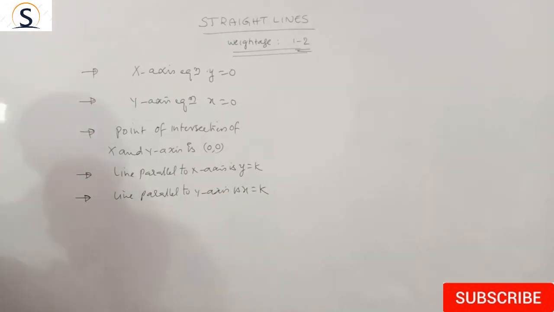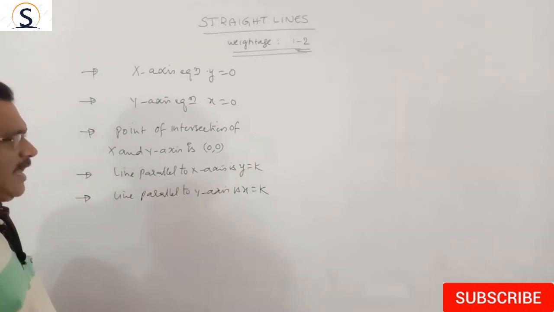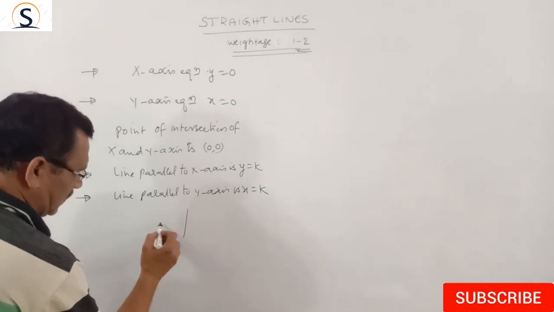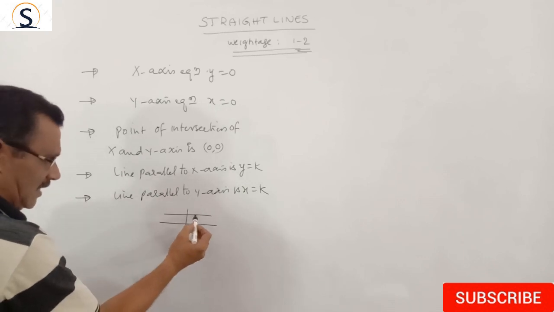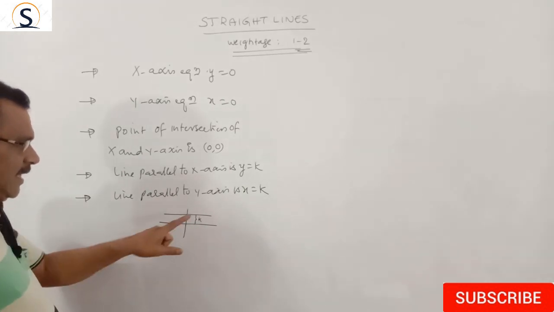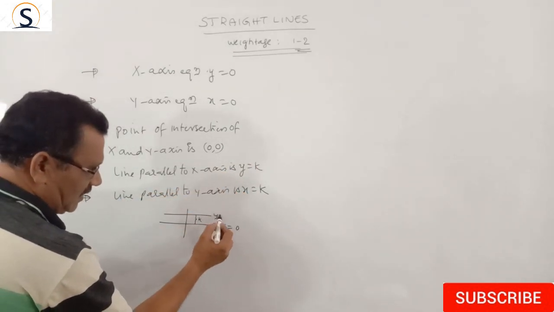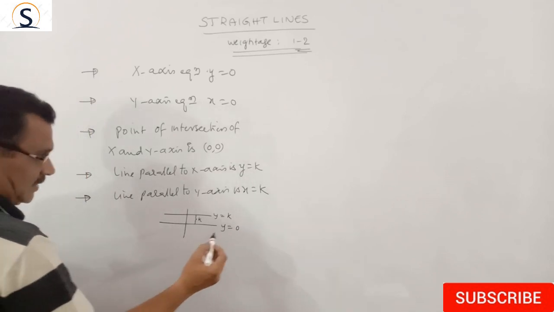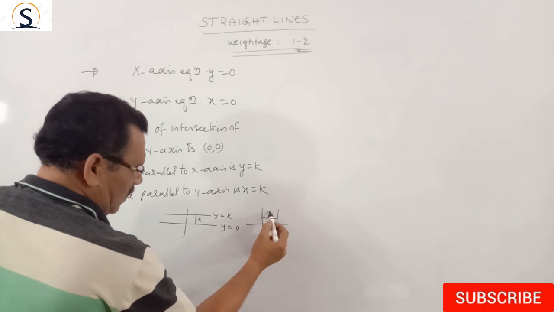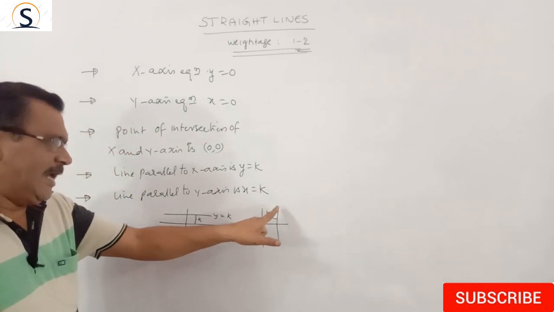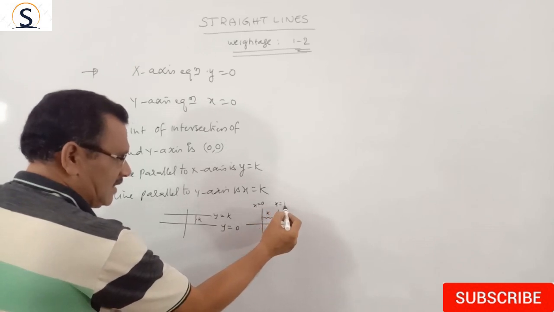See here, this is a line parallel to the x-axis, above the x-axis. Suppose the distance is k, then its equation is y is equal to k, because this is y is equal to 0 and this is y is equal to k. Another, this is parallel to the y-axis, with distance k, therefore it is x is equal to k, because this is x is equal to 0 and this is x is equal to k.